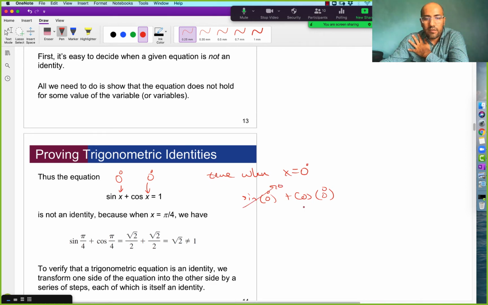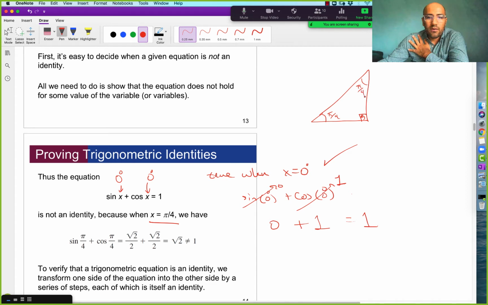This is going to be 0, and this is going to be 1. So we end up with 0 plus 1, and that equals 1. So it's true. Good. But note that it's not true when x equals pi over 4. Pi over 4, that's 45 degrees. Remember, that's one of our standard triangles, where sine is root 2 over 2.